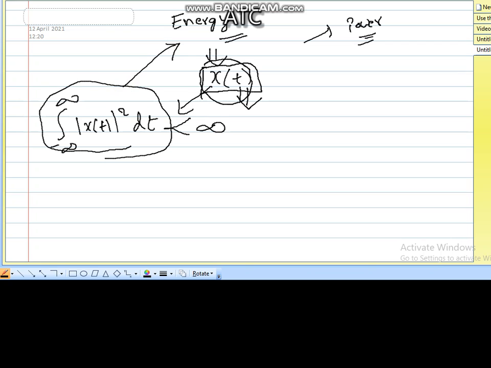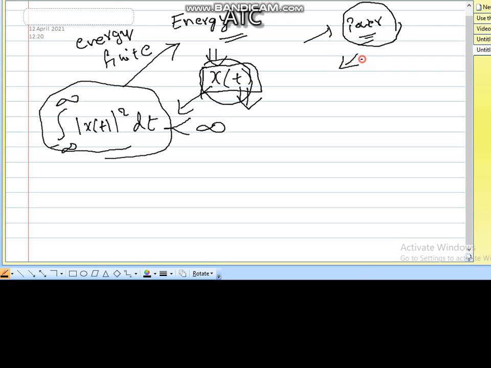When the energy is a finite value, it is known as an energy signal. For this energy signal we have zero power.